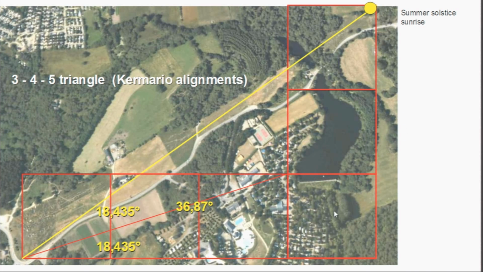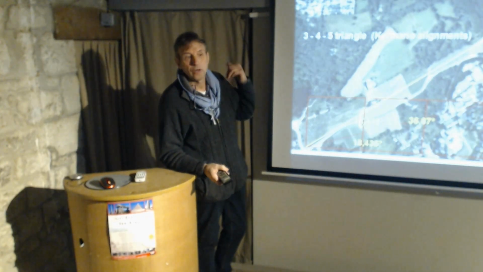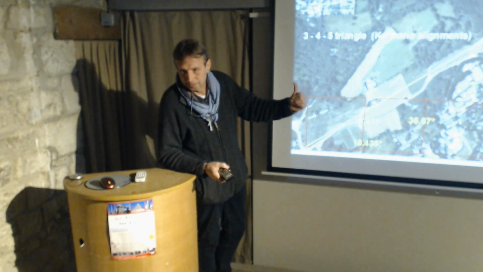And that's a 3, 4, 5 triangle. So this doubles the triple square geometry. And what we see is that the angle here is doubled, as I explained. And so this line here, going along the most southerly line, and which gives this axis towards summer solstice sunrise, is exactly the double of the angle which comes from the Menec West.